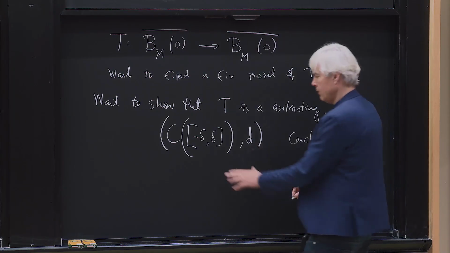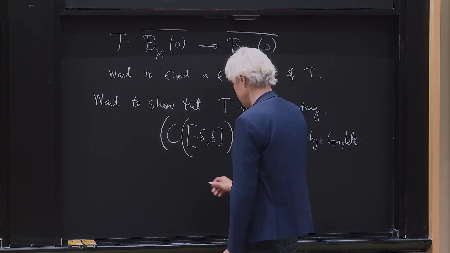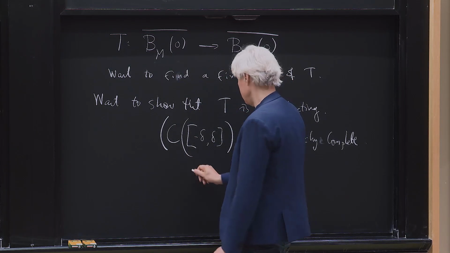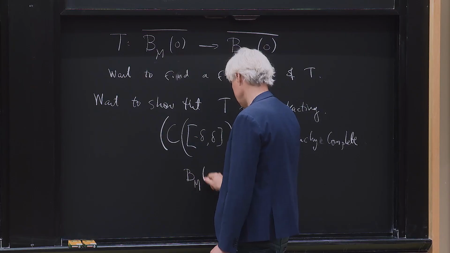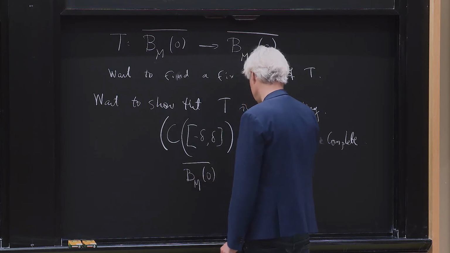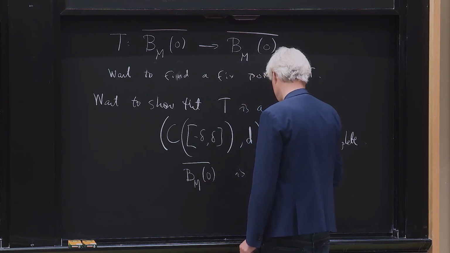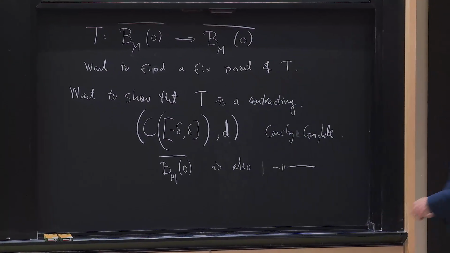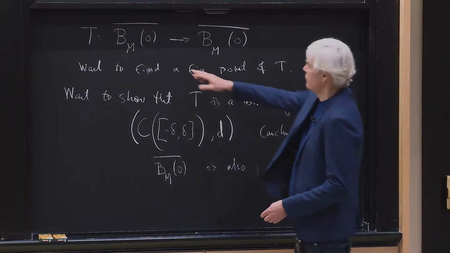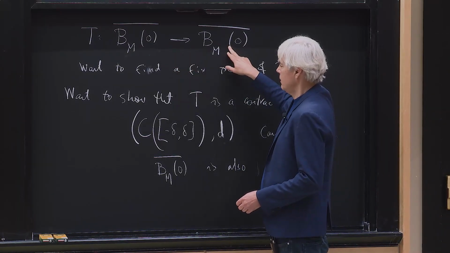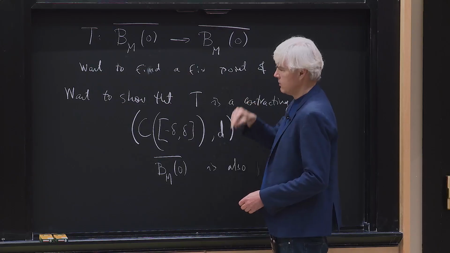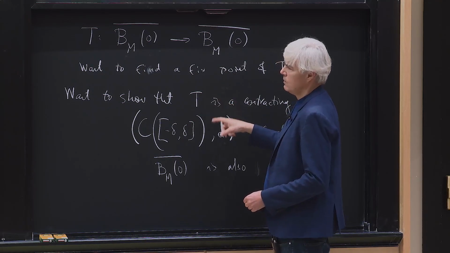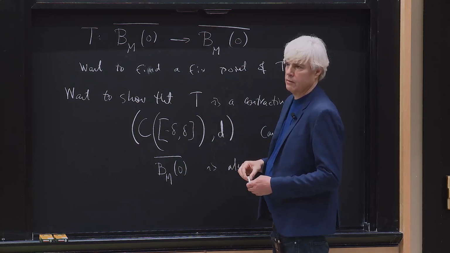Right? But now if you take a Cauchy complete space and you're taking a closed subset, and this here is a closed subset, then this here is also Cauchy complete. Okay, so if we could prove that T from this space into itself is a contracting map, so it means that there exists this C strictly less than 1, then we would have a fixed point and we would have a solution to the ODE, right?